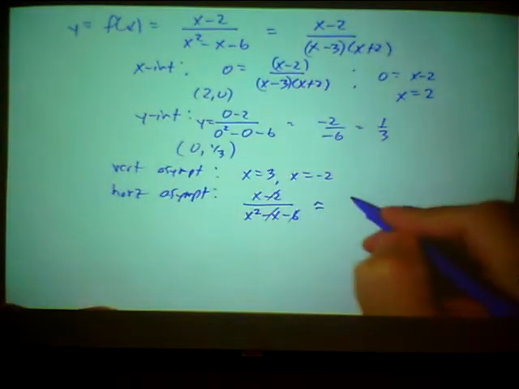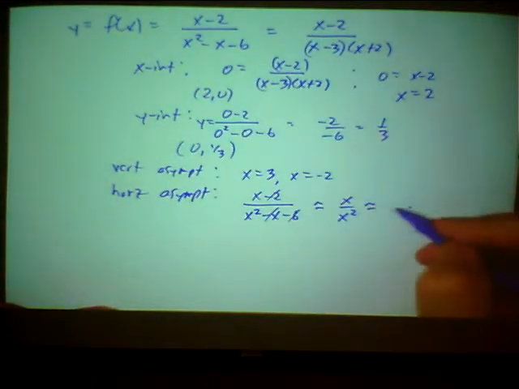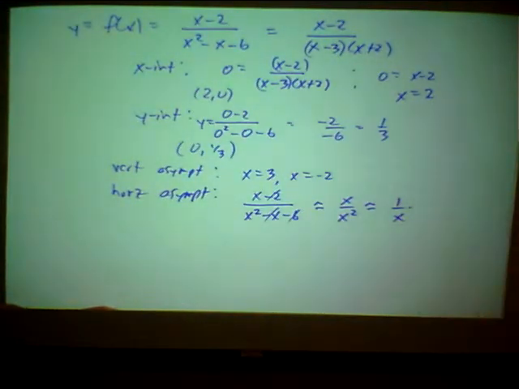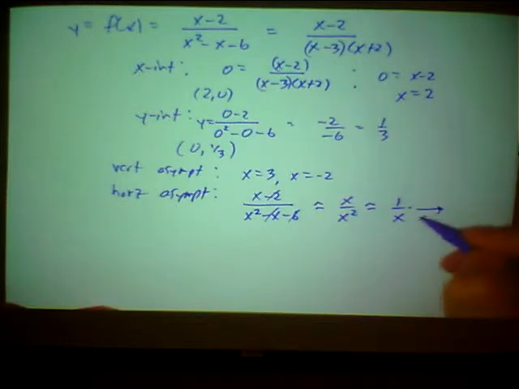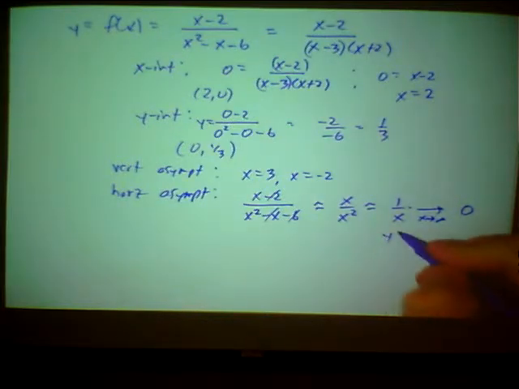So the function is approximately going to equal x over x squared, which reduces down to 1 over x. And as x goes to infinity, as it gets really large, it approaches 0. Or even as x approaches negative infinity, it goes to 0. So I have a horizontal asymptote, y equals 0.